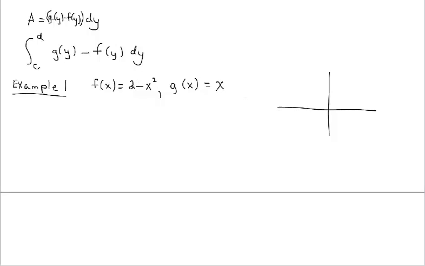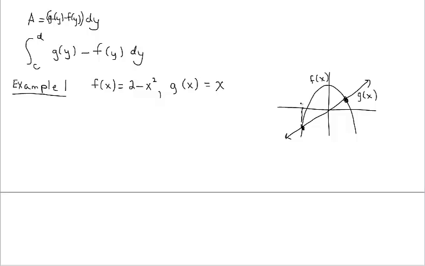But real quickly, based on our background, we know this is a parabola that opens down. Its vertex is at (0, 2). We also know that this is just the linear function y equals x, g of x equals x. So this is f of x, and the linear function is g of x. So we can see that a natural bounded region is created between these two curves.